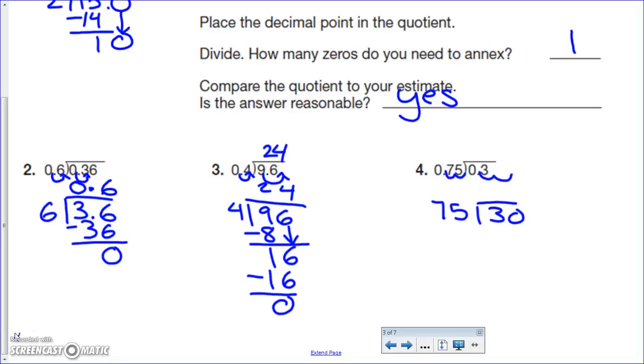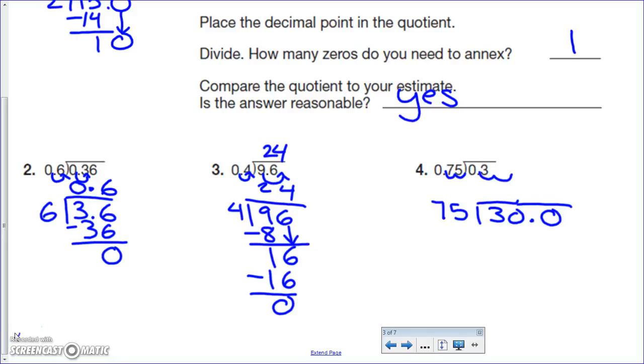So now we have 75 dividing into 30, which we also know is not going to work. So we're going to add a decimal point behind the 30 and another 0. Now we just have to figure out how many times 75 goes into 300.